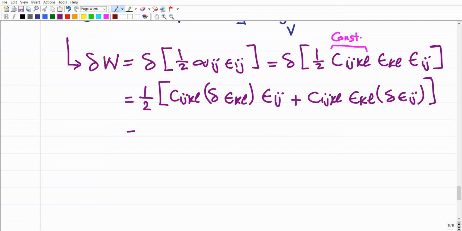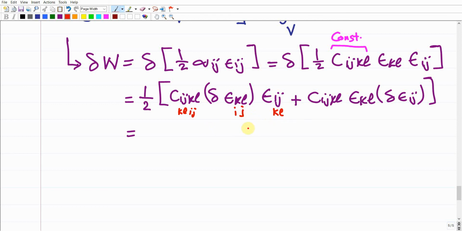Anyway, as you can see, this term has the first variation of epsilon kl and this one has epsilon ij. So let us try to achieve uniformity in the indices over the first variation of epsilon. I'm just going to change this one to ij and this kl to be ij, by swapping ij with kl, and definitely this one is going to be kl.